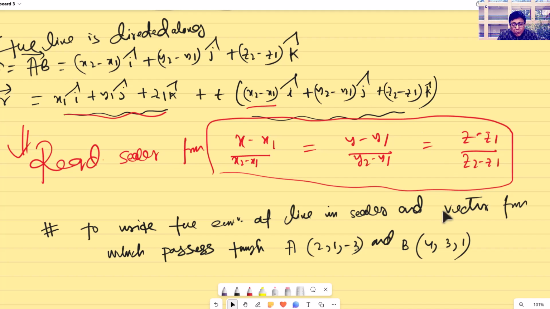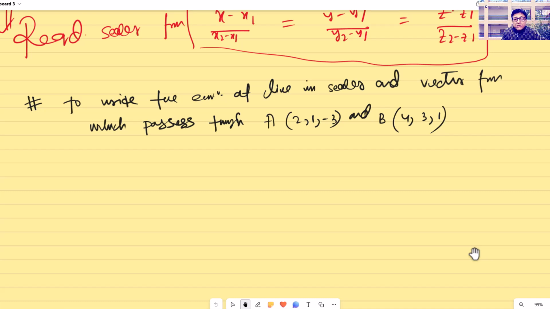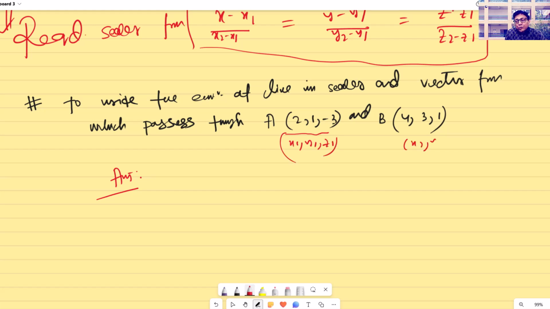Okay? How to write? So this is just a simple example, direct application of the concept we have learned. 2 points are given. Let it be x1, y1, z1, and this one x2, y2, z2.